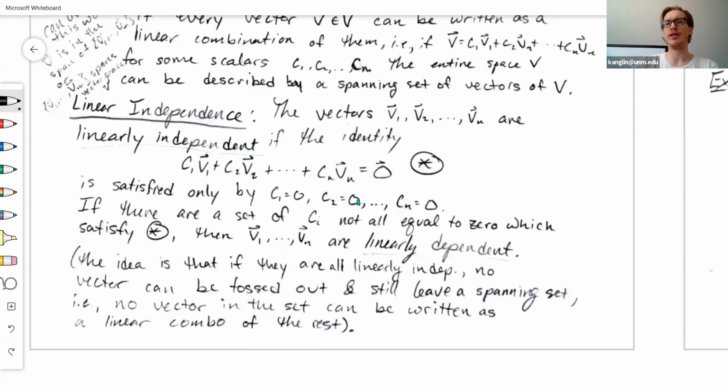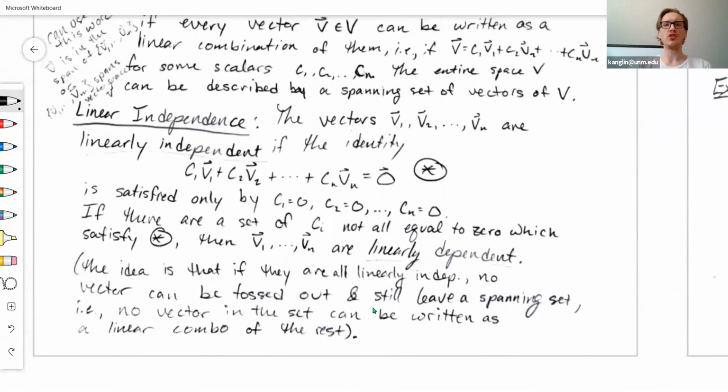That comes from this definition, or is equivalent to this definition, because assume that there were scalars c1 through cn that are not all zero, such that this linear combination comes out to be zero. Well, in that case, at least one of these guys would not be zero. Say C1 isn't zero. Maybe it's some other one, but let's say C1.